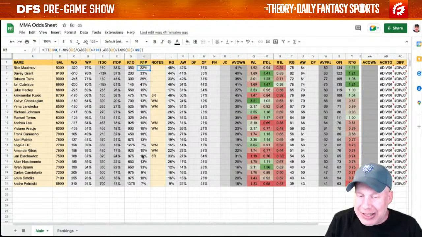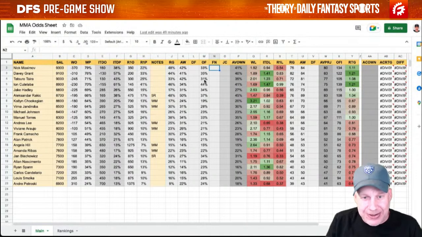I have a feeling, and this is a fight breakdown, I have a suspicion that people are going to overestimate the Maximov Petrosky fight. I think people are too confident in that fight.